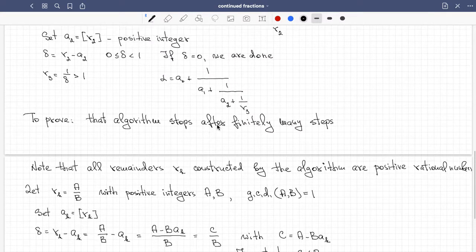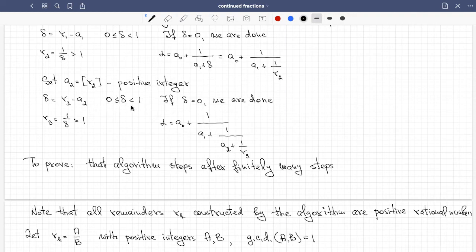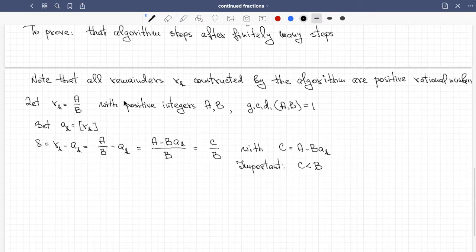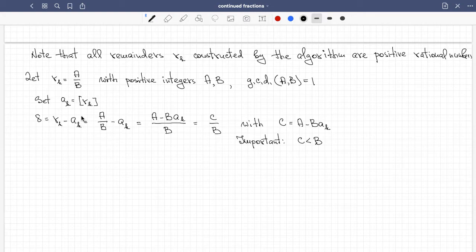And delta is always smaller than 1 because a_k is the integral part of r_k.